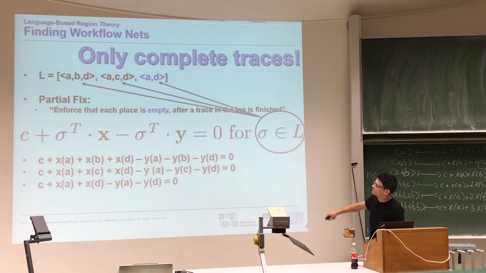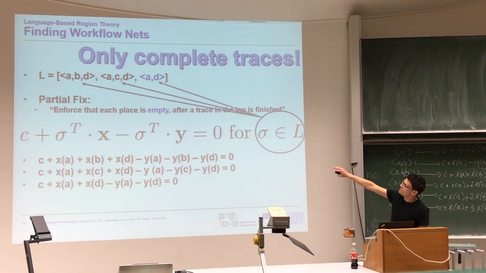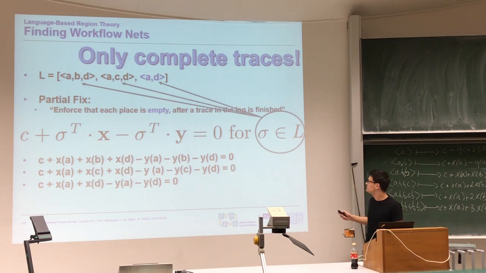So if we add these constraints, we are sure that any of the traces that are in the log, if we replay them in the Petri net that we find, we have all these places to be empty.